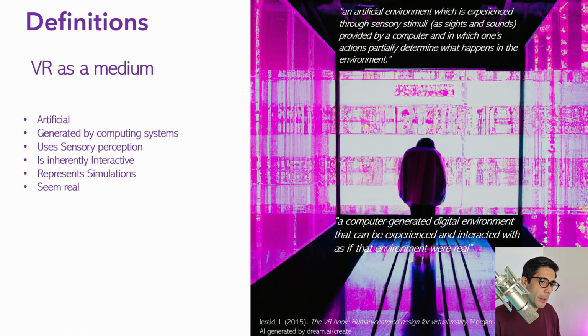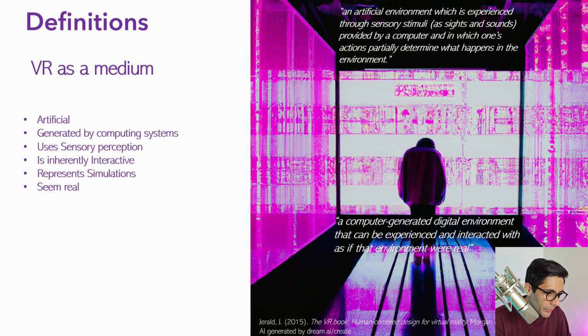The first thing I think is useful to understand is that virtual reality, like film, theater, TV, and movies, is a medium, and it's a medium you can use as a vehicle to do many things, but it's also good to define it by its characteristics.